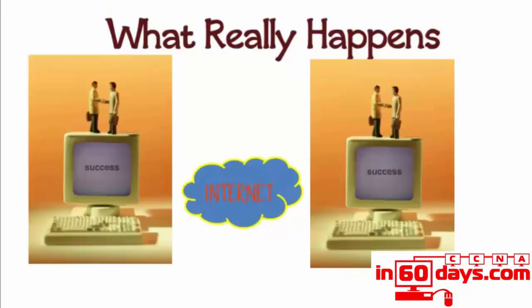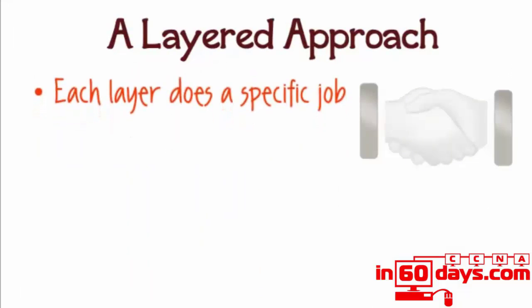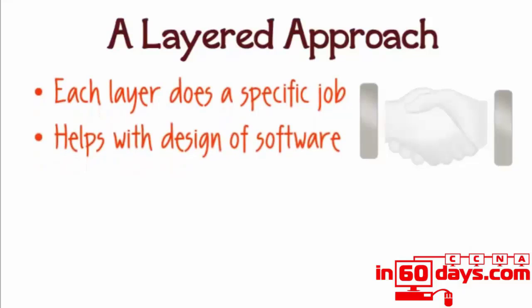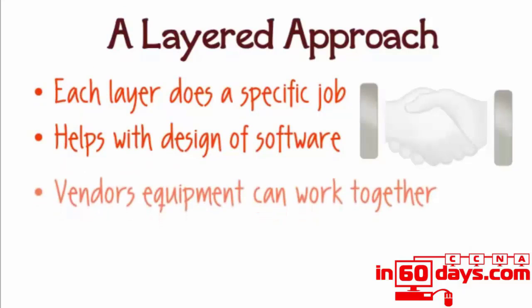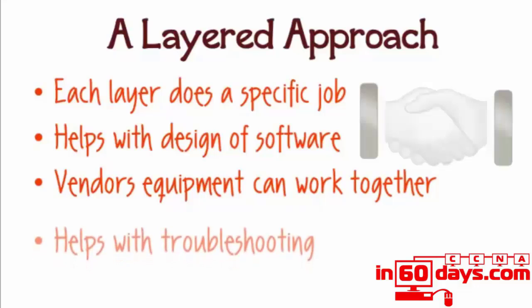One PC sends a message across the internet to another PC, and the whole thing works, and they're all happy. It's only as network engineers that we need to get involved. So with the layered approach, as I've said, each layer does a specific thing, has a specific role, and you don't really need to worry about the other layers as long as you take care of the layer that you're designing this software or hardware for.